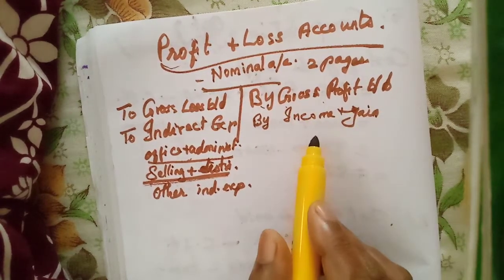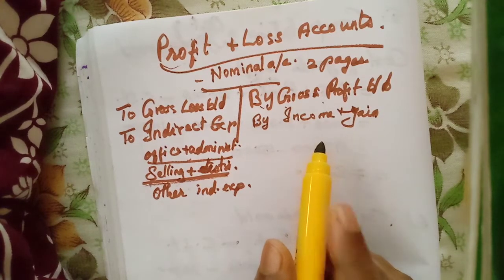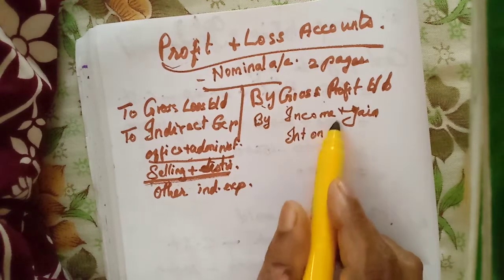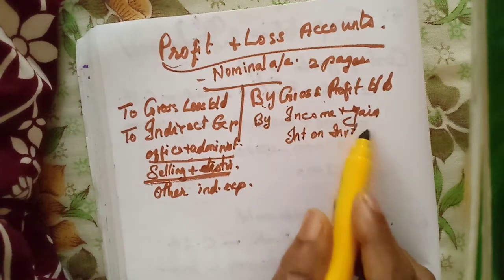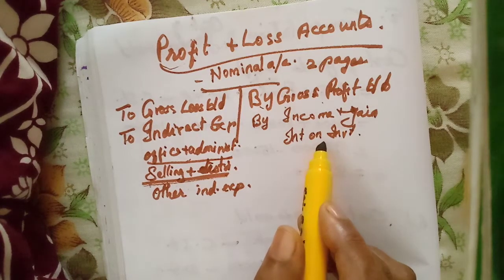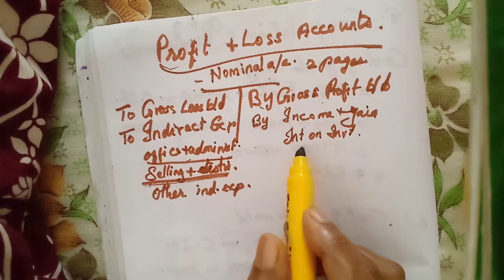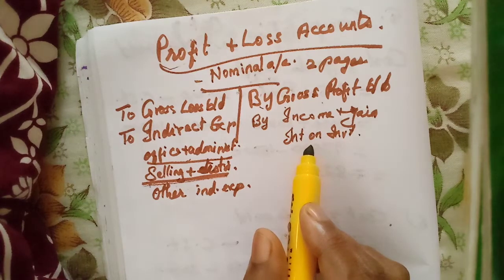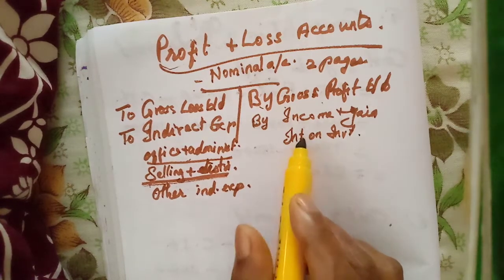If we receive any interest on investment, if we have invested some amount in some securities, monthly or yearly we will receive some interest, that is interest on investment. When we receive any rent, rent earned, then discount received, commission earned, interest earned, then dividend received, all these are the indirect income.